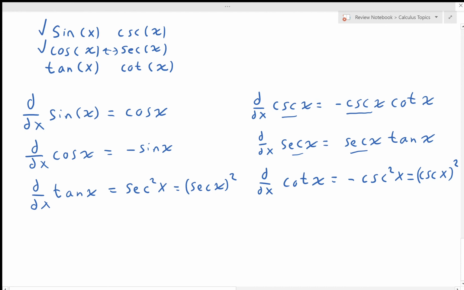So there you have it. That's trig derivatives. On a test, you should definitely memorize that the derivative of sine would be cosine, and the derivative of cosine would be changing the sign to negative and then sine. You could use those to prove the other 4 trigonometric functions. Thank you for tuning in.